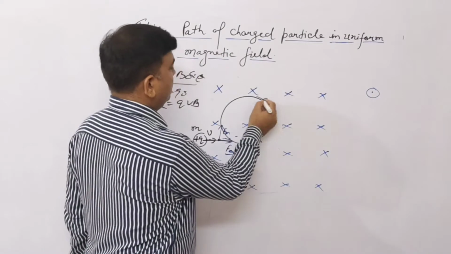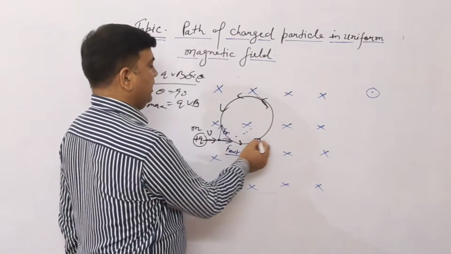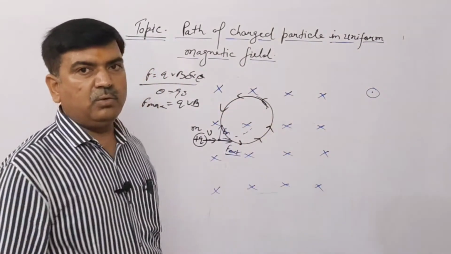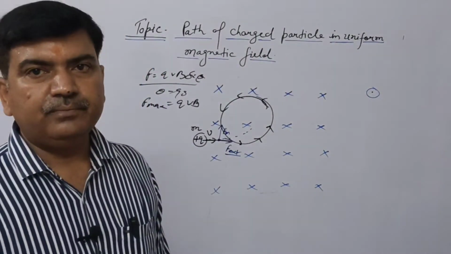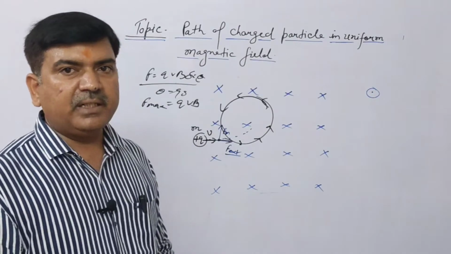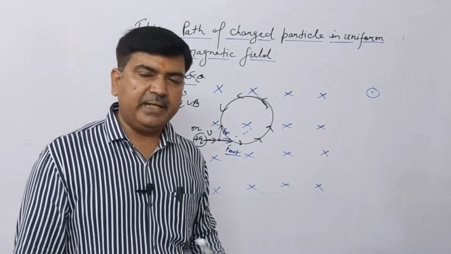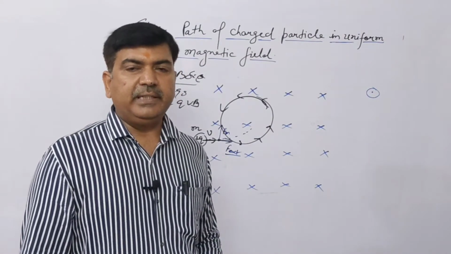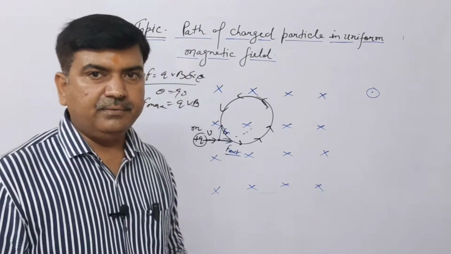If any charged particle enters perpendicular to the direction of the magnetic field, then the nature of the path is circular. If the charged particle moves in the direction of the magnetic field, then the path is a straight line.